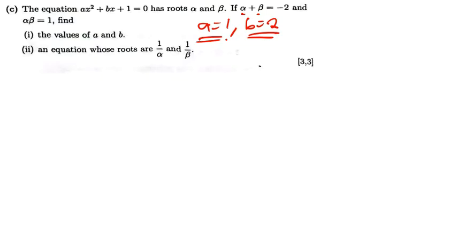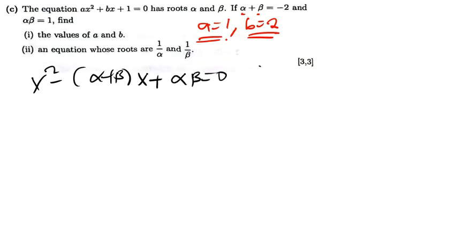Now another thing here is when we're talking about the equation of the roots, it is given by x squared minus alpha plus beta times x plus alpha times beta is equal to 0. So it's a matter of us now finding alpha plus beta and alpha times beta.